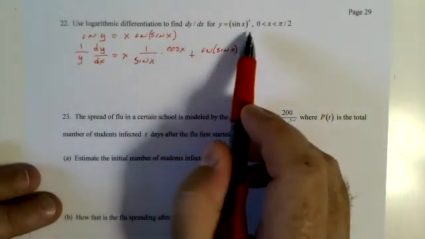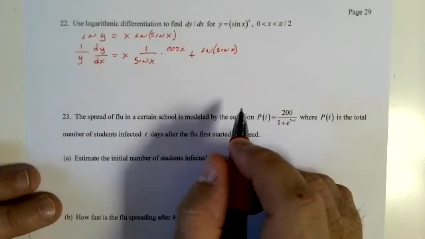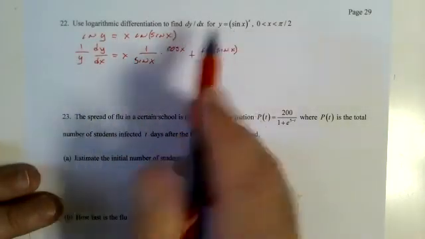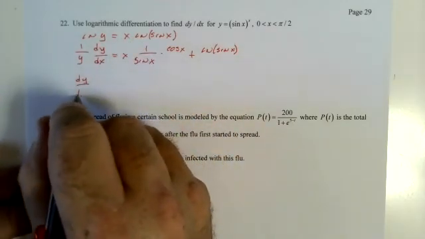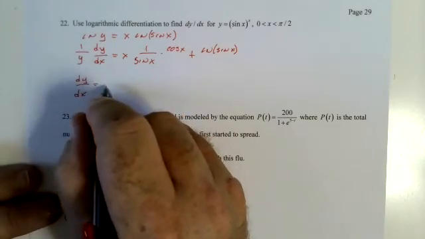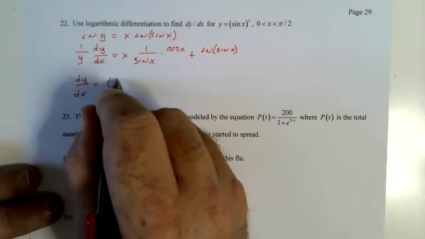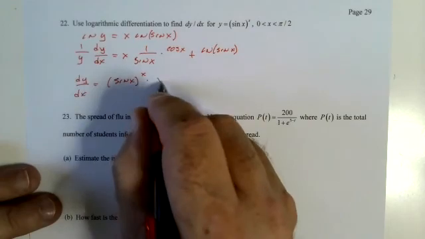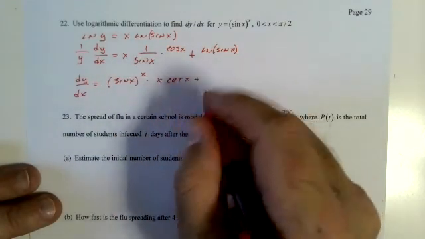I know y is that. I'm going to multiply it up. dy dx equals, just leave it, sine of x to the x times x cotangent of x plus ln of sine of x.